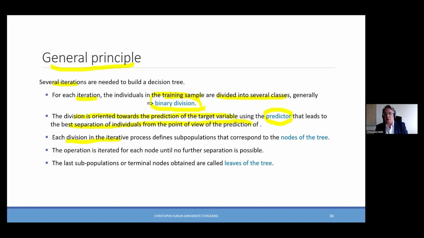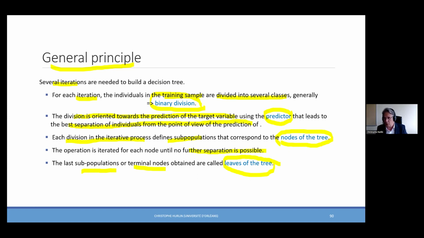Each division in the iterative process defines subpopulations that correspond to the nodes of the tree. And the operation is iterated for each node until no further separation is possible. Okay. And the last subpopulations, or terminal nodes, are often called the leaves of the tree.